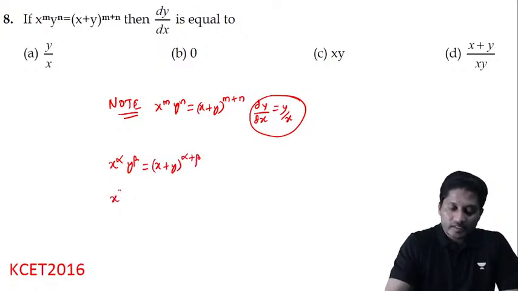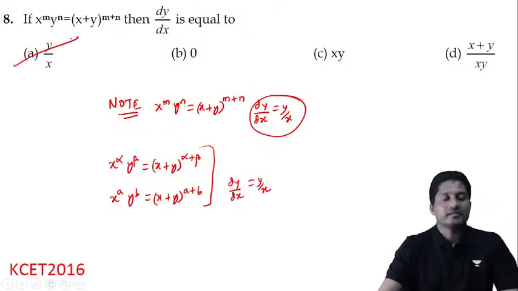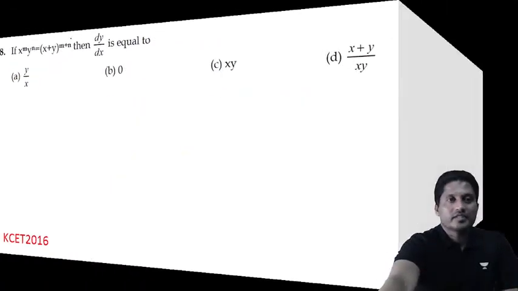Or it might be like x to the power of a into y power b is equal to (x plus y) whole to the power of a plus b. Then dy by dx is always equal to y by x. Right, answer is option A. Let's move to the next question.